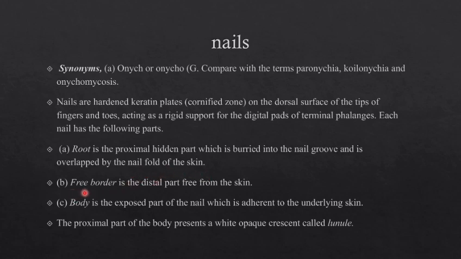The free border is the distal part free from the skin. The body is the exposed part of the nail, adherent to the underlying skin. The proximal part of the body presents a white opaque crescent called the lunule.